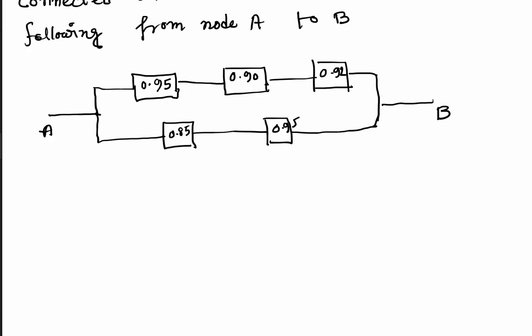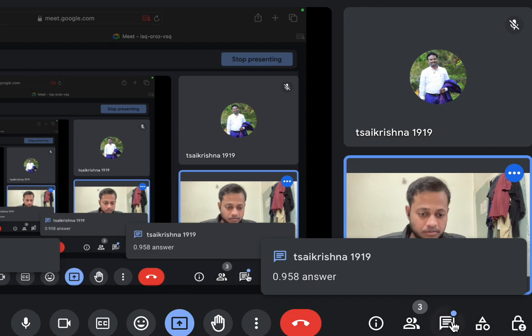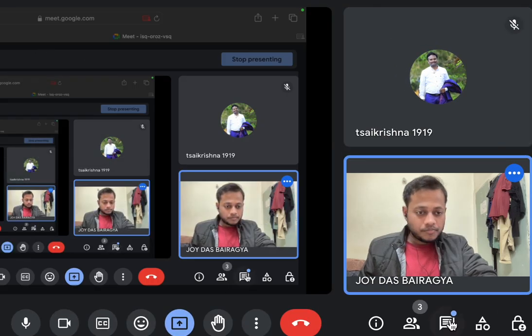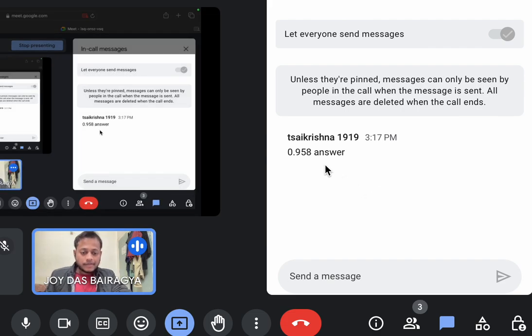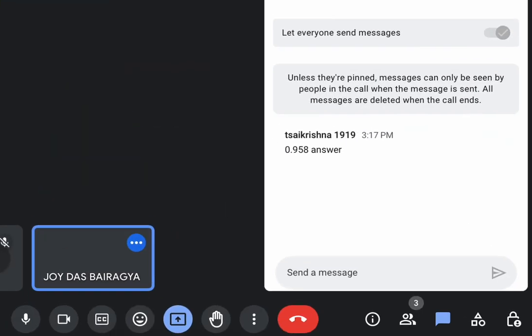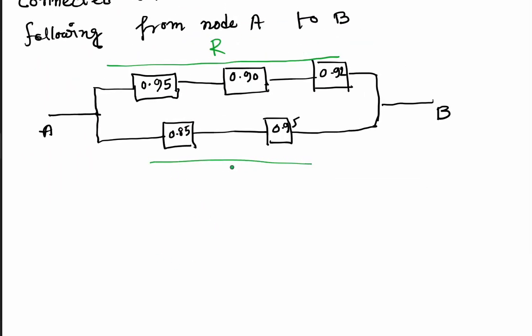Let's calculate it. So we know that for this series component, suppose this is R, this is suppose S. What is the reliability of R?